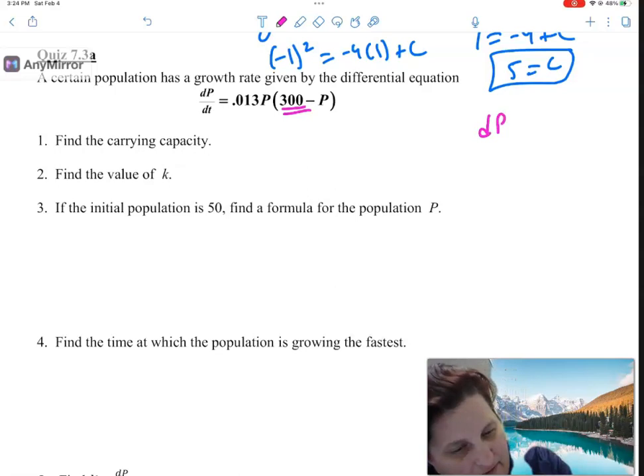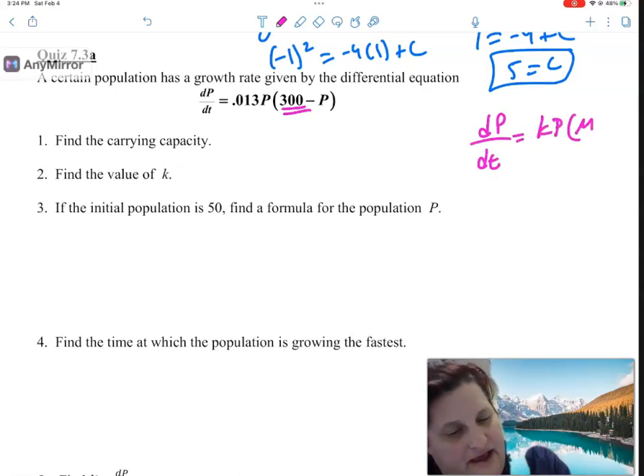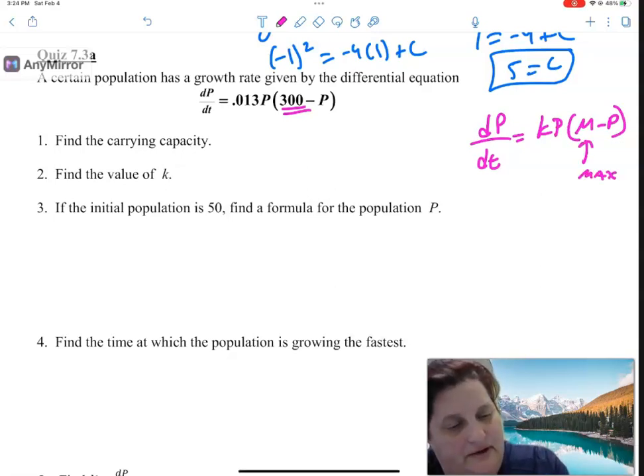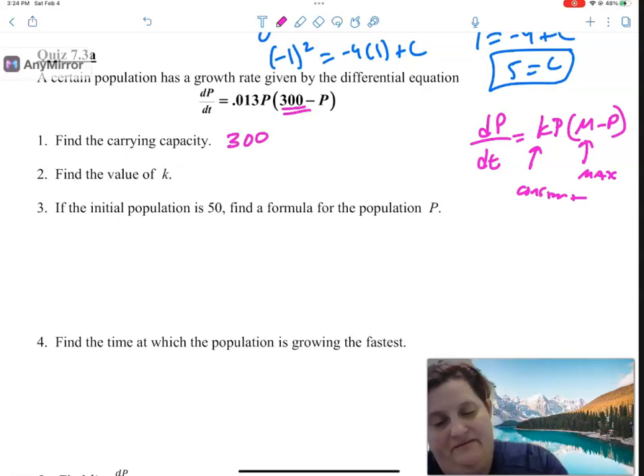So remember the formula goes like this: dP/dt equals kP times (M minus P), where M is the maximum or the carrying capacity. That's the constant. Okay, so find the carrying capacity on here. The carrying capacity is 300. All right, find the value of k. That's the value of k. So if you know that formula, it's just asking you for the parts.